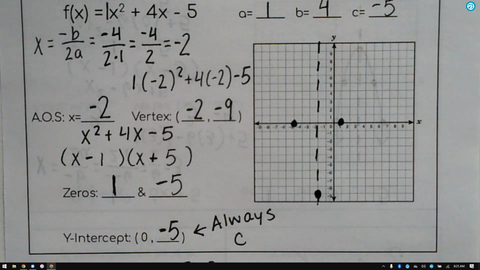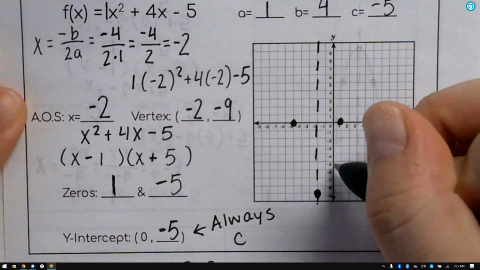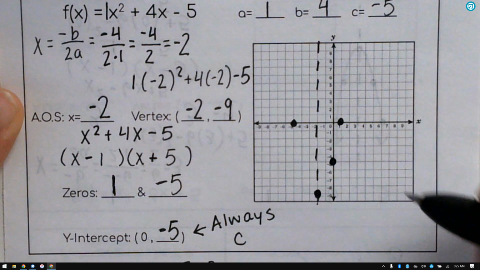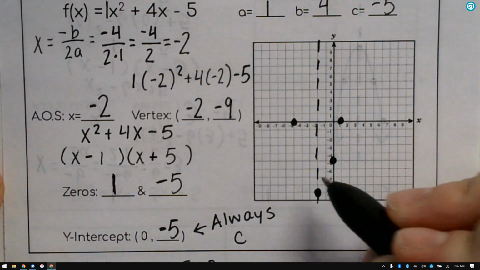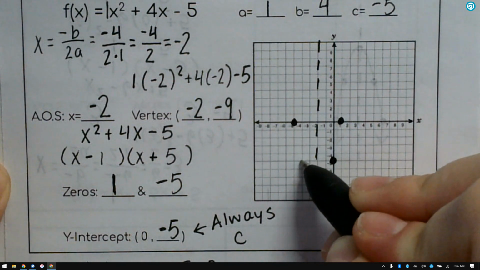So this y-intercept is negative, so it's down here. This y-intercept is also to the right of your axis of symmetry, so we'll reflect that to the left. So 2 to the right, and then we just go 2 to the left.